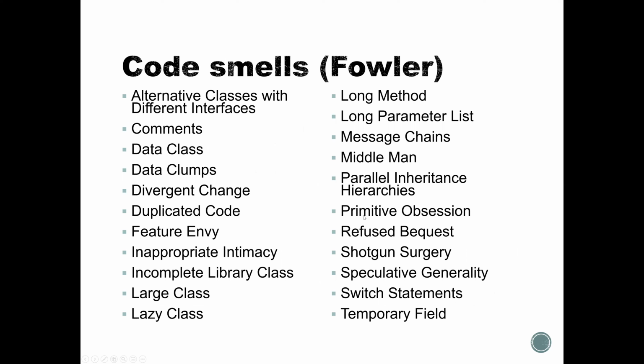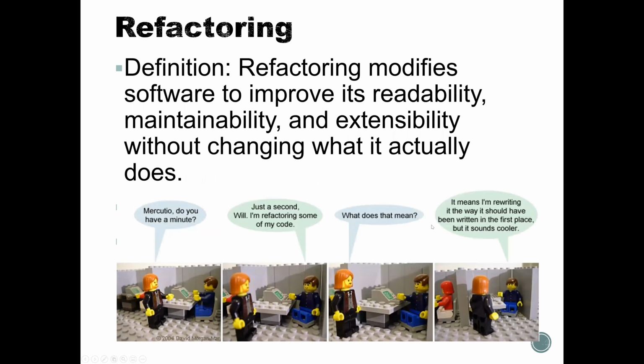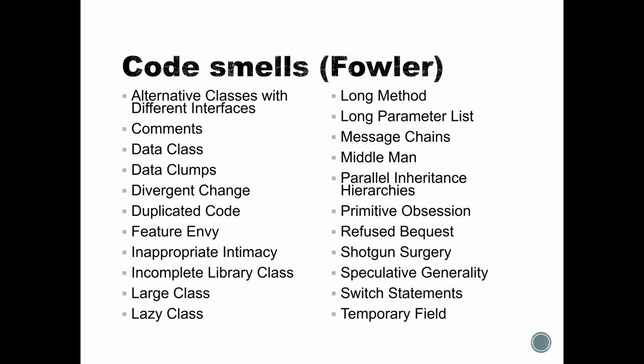there are different factors mentioned by the author Martin Fowler, which are the different parameters because of which we say the code has been compromised. For example, you have used alternative classes with different interfaces.